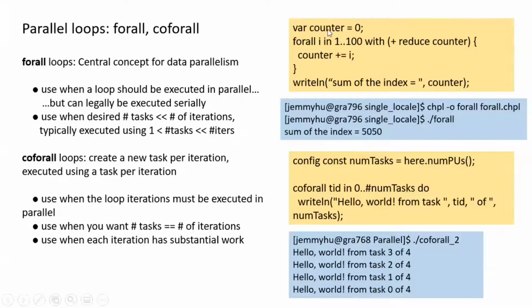The forall simply changes the for loop to forall. And here, if we use reduce, which is functionality implemented in Chapel, just like the reduce in OpenMP, it allows you to do sum, find the maximum, find the minimum, those types of things.